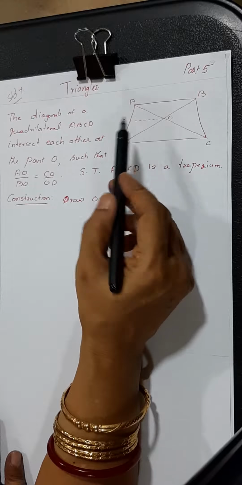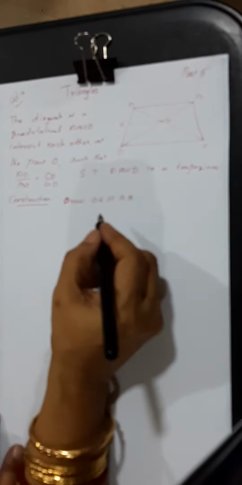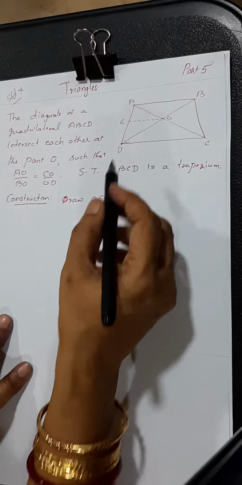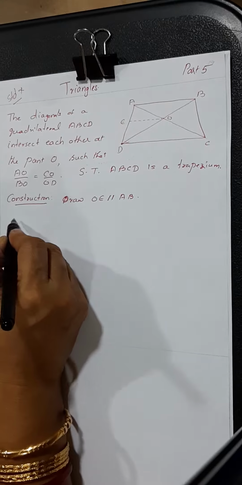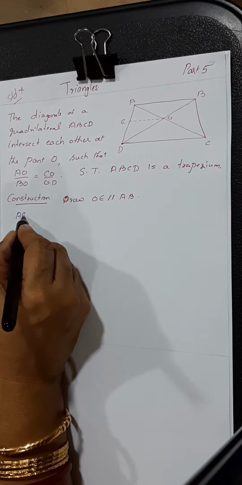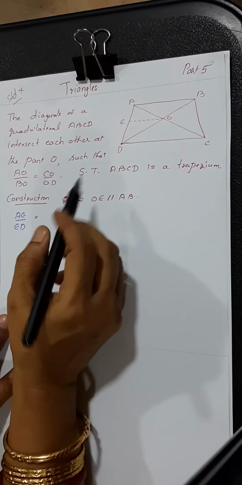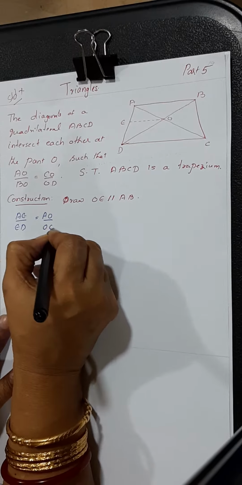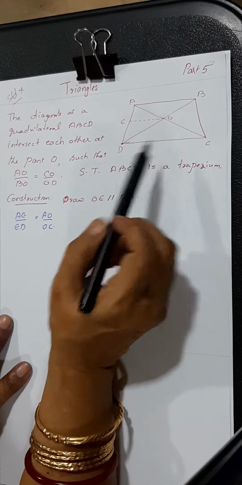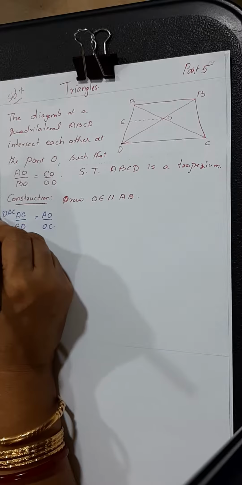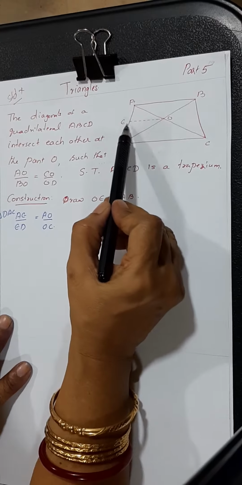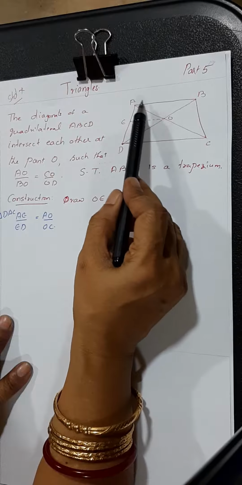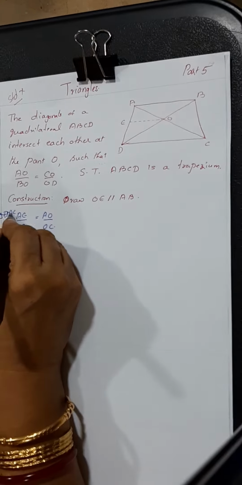Let OE be parallel to AB. We are drawing OE parallel to AB.